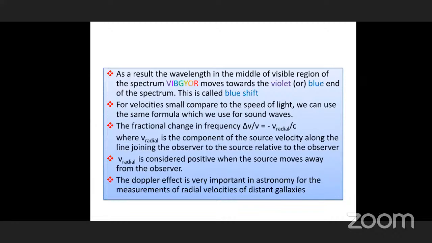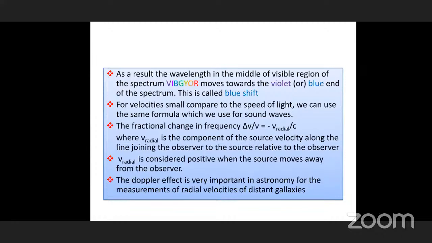We have to consider that component and divide it by C. C means the velocity of light in vacuum, that is 3 into 10 power 8 meter per second. This V radial is considered positive when the source moves away from the observer.